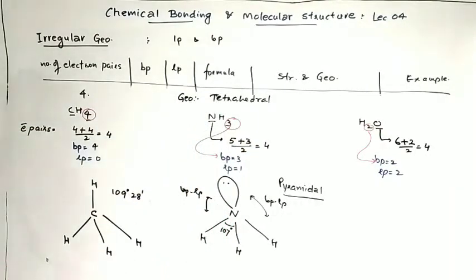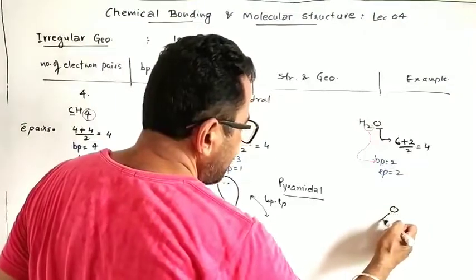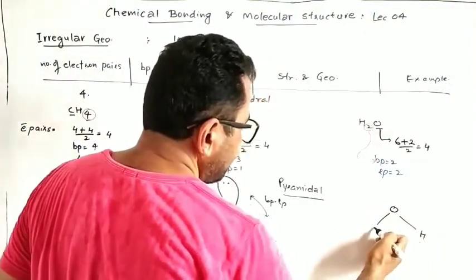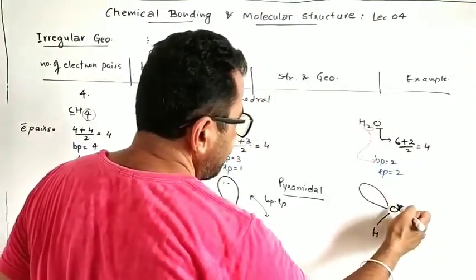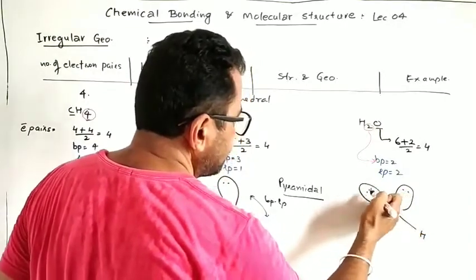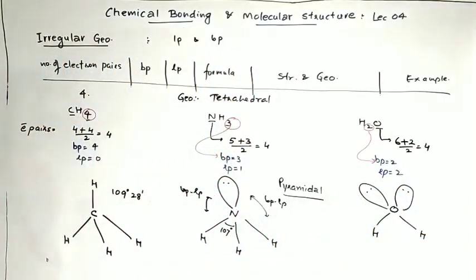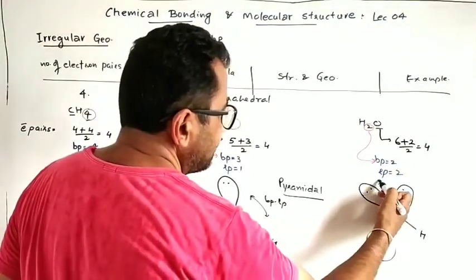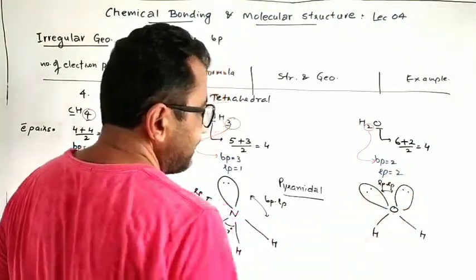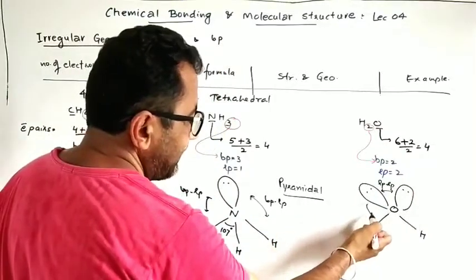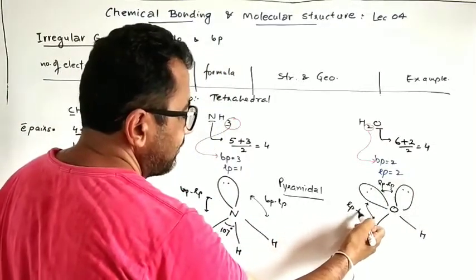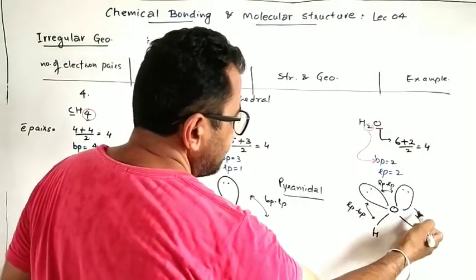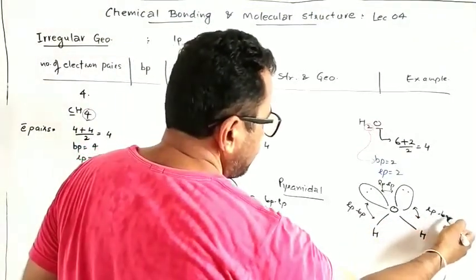Now next is water. We have 2 bond pairs like this, and we have 2 lone pairs to make it like this. So there are stronger repulsions, as these 2 lone pairs repel each other. So there is lone pair lone pair repulsion. Here you can see is a lone pair bond pair repulsion. Here is also lone pair bond pair repulsion.